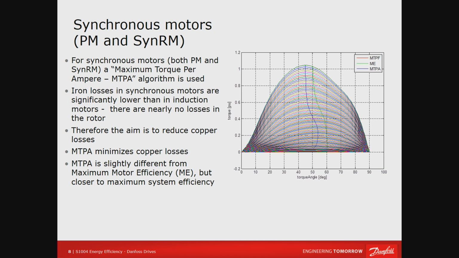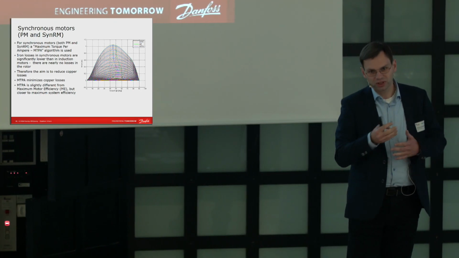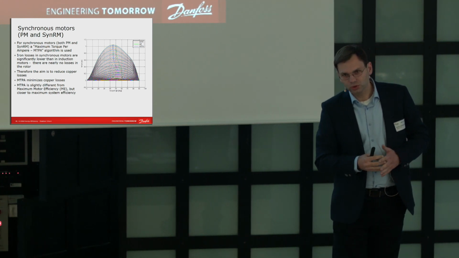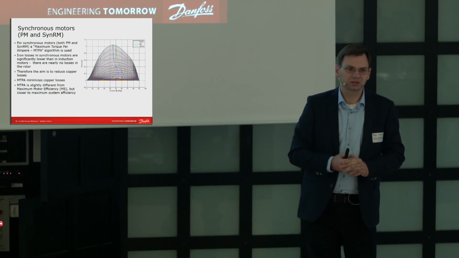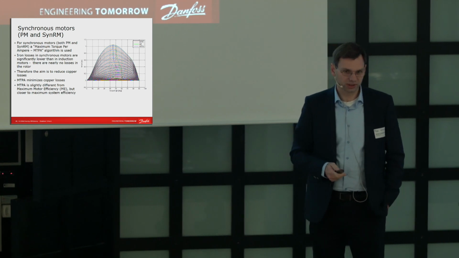That's one thing. The other thing, maximum torque per amp doesn't mean maximum efficiency of the motor. But current causes losses in the drive. So at system level, maximum torque per amp is as close to maximum efficiency as you could get in practical terms.